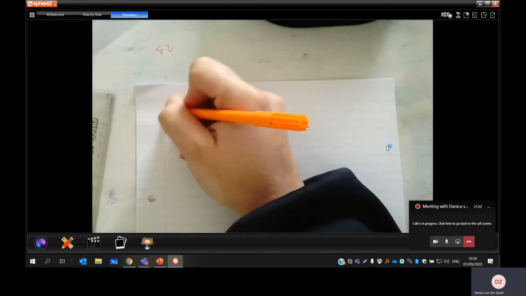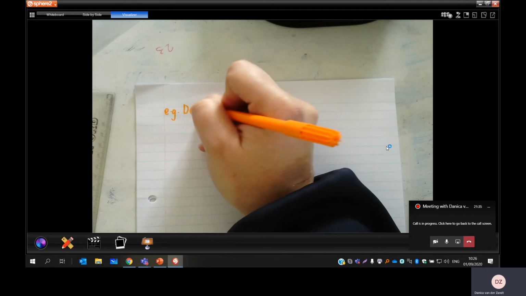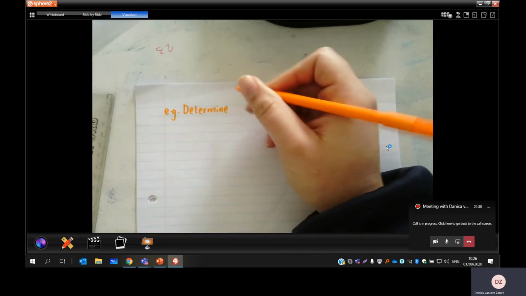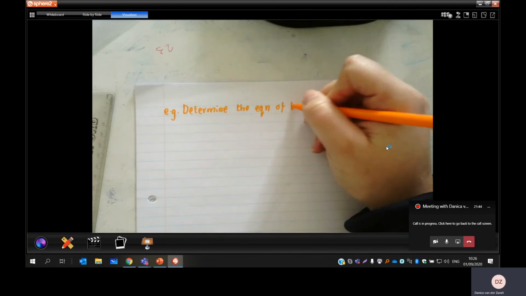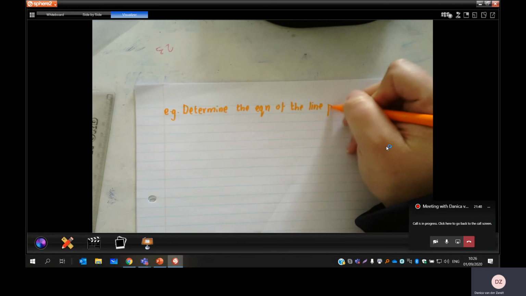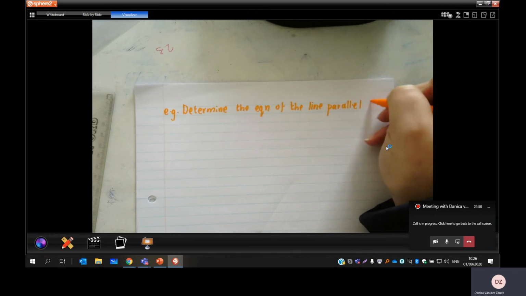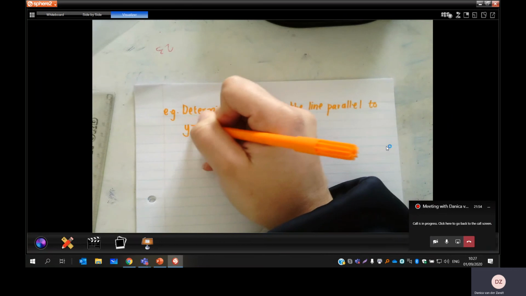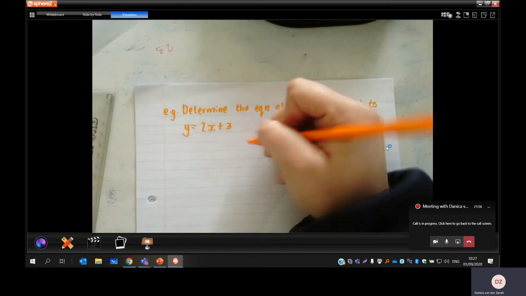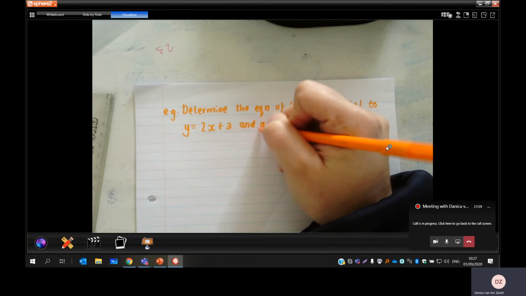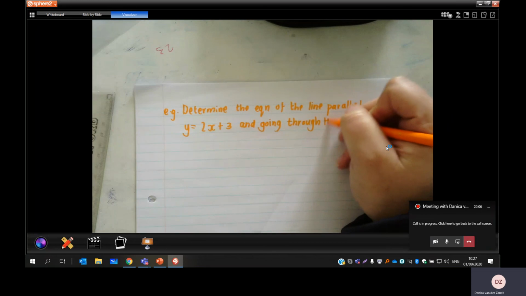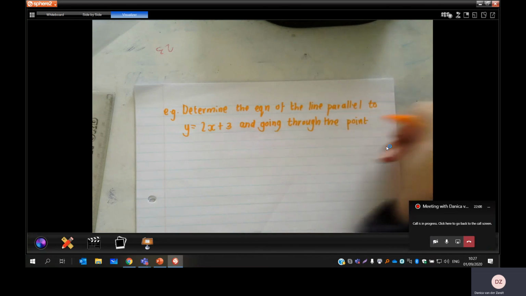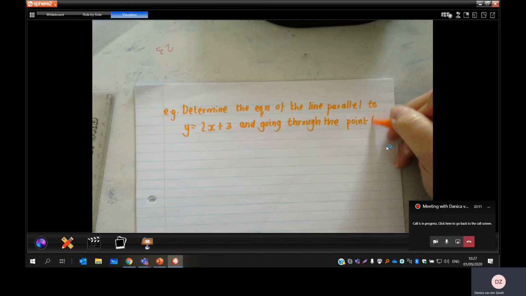So example, determine the equation of the line parallel to y equals 2x plus 3 and going through the point 1 and minus 4.